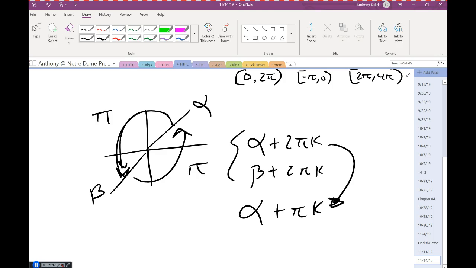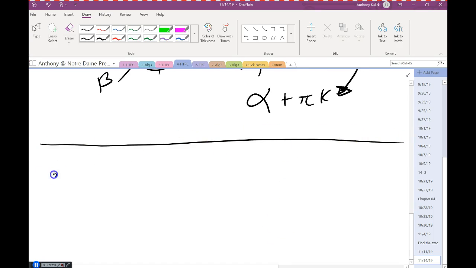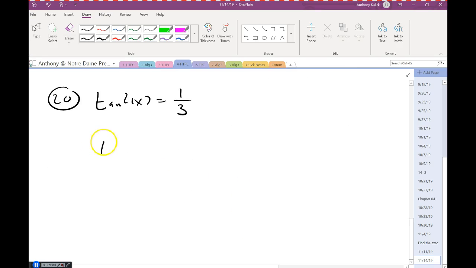Colette. 20? Sure. So we have tan squared of x is equal to 1/3. So first thing we do is square root both sides.